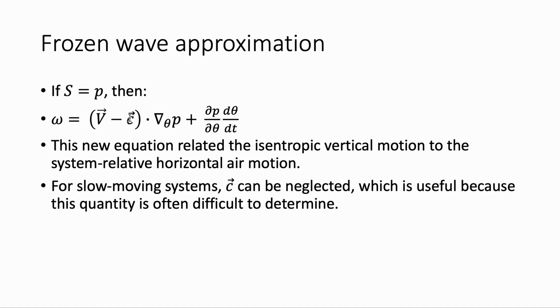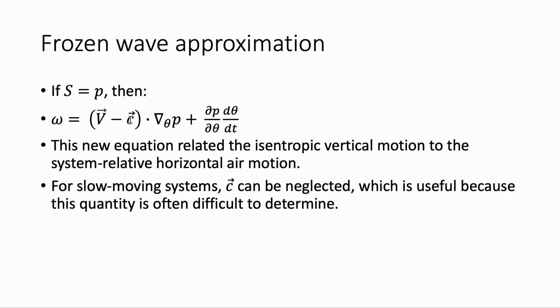And so we simplified our lives because we don't have the dp/dt, but now the tricky thing is that you have to estimate C, right? Whenever you have some system. And in some cases, C might be a small term, right? So maybe you have a very slow moving system. And so you can forget about C and just focus on the advective term and the diabatic term.